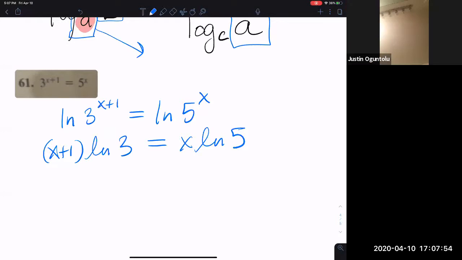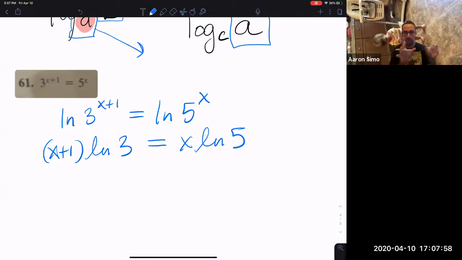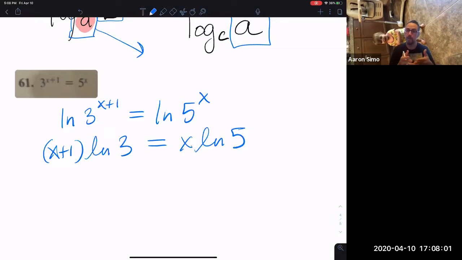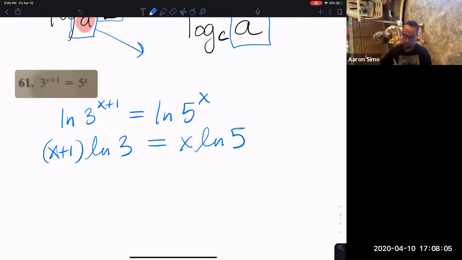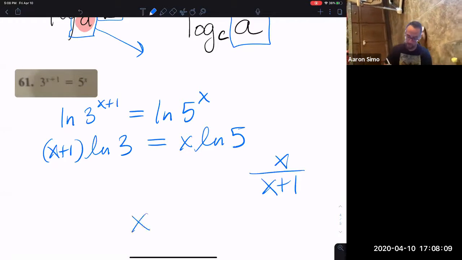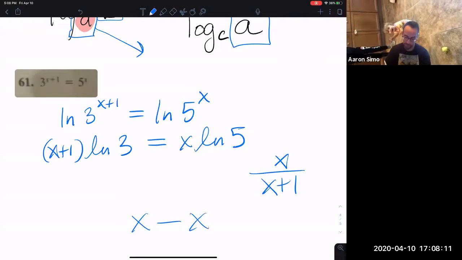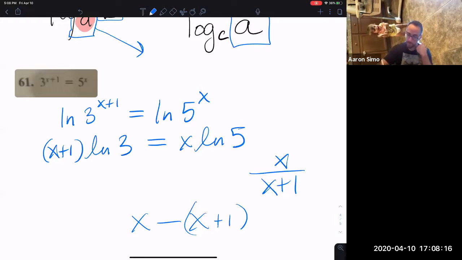I'm trying to solve for x, so you don't want a fraction of x's. You want a sum of x's. I don't want x over x plus 1. I want x minus x or something. X minus x plus 1 would be better for me because then I could somehow solve for x.